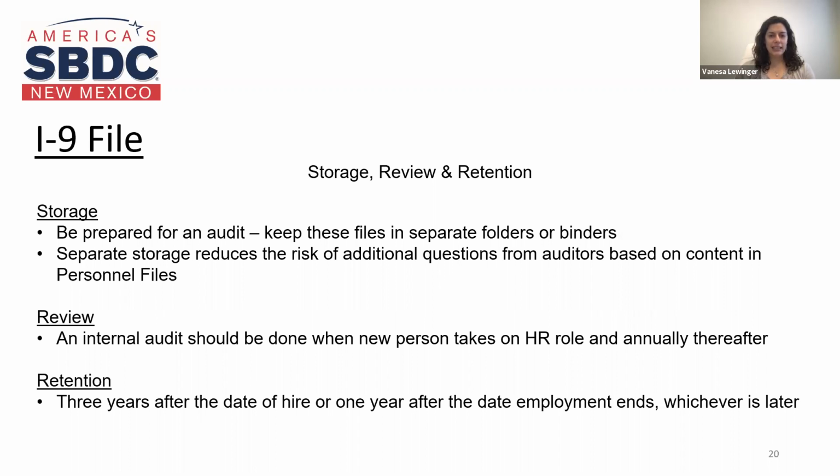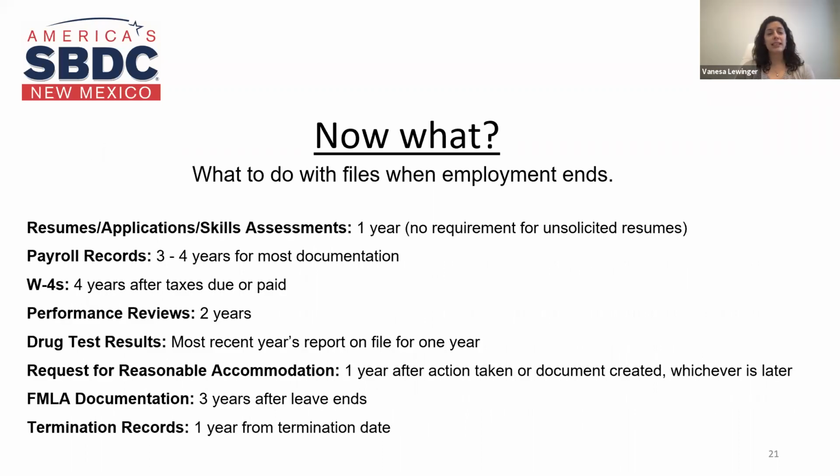Okay, next slide. What to do with files when employment ends. Files of terminated employees should always be kept separate from those files of active employees. You want to keep the same guidelines that you have for your active employee files.